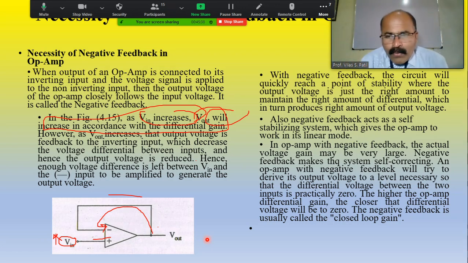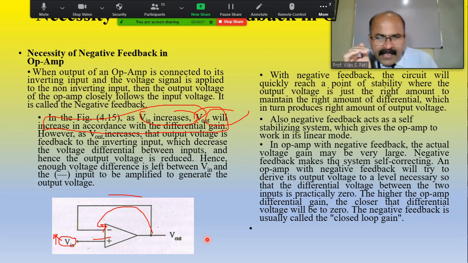In a closed loop, the output is fed back to the input, and that loop arrangement is known as closed loop gain. The closed loop gain is very small in the case of a differential amplifier.